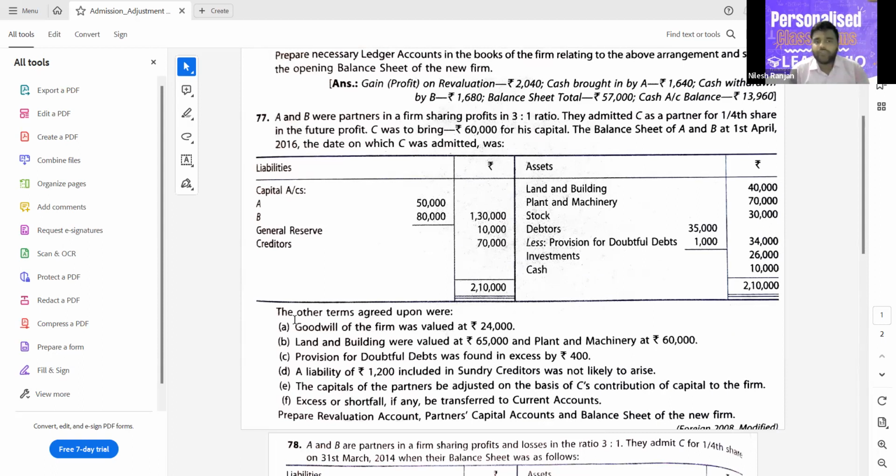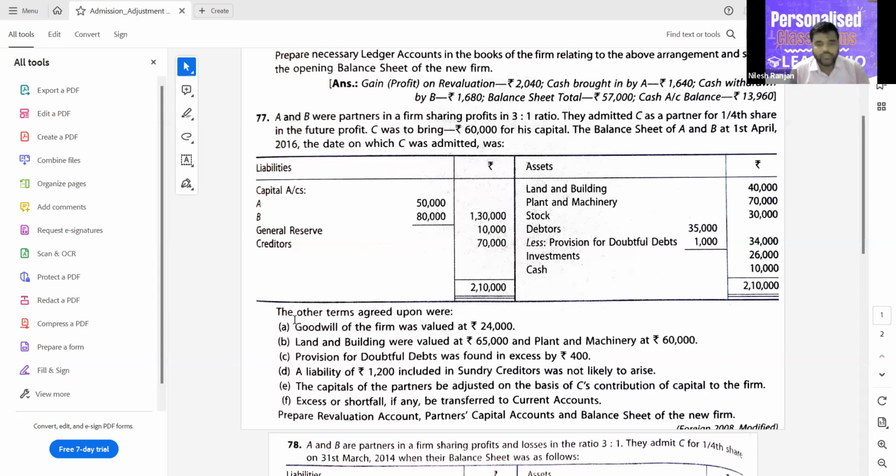A and B were partners in a firm sharing profit in a 3:1 ratio. They admitted C as a partner for a 1/4 share in future profit. C was to bring 60,000 for his capital. The balance sheet of A and B on 1st, 2016, the date on which C was admitted, was this. Goodwill of the firm was valued at 24,000.